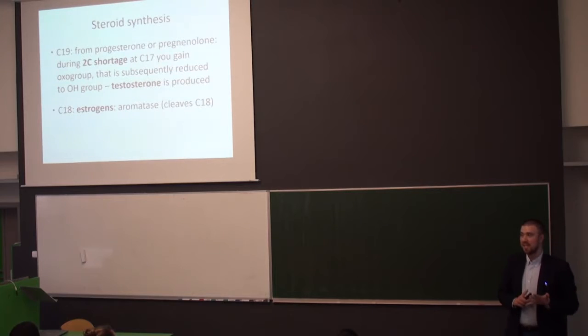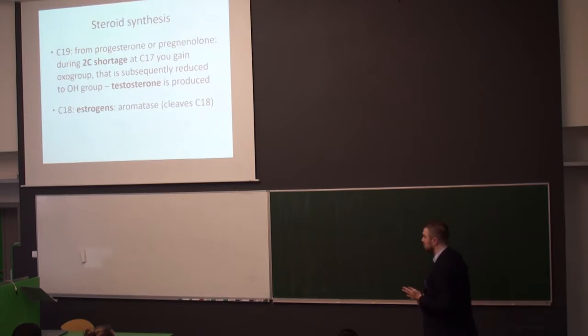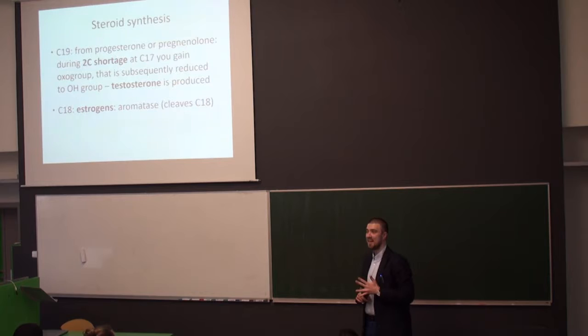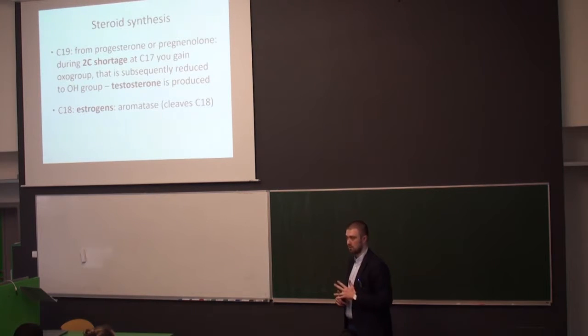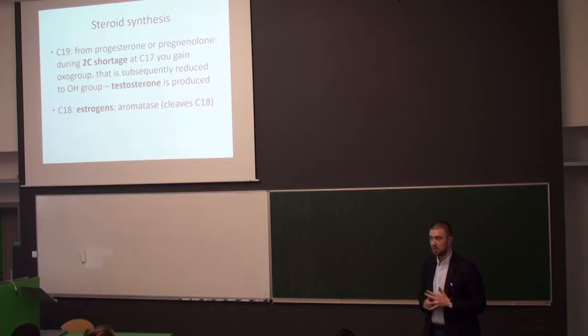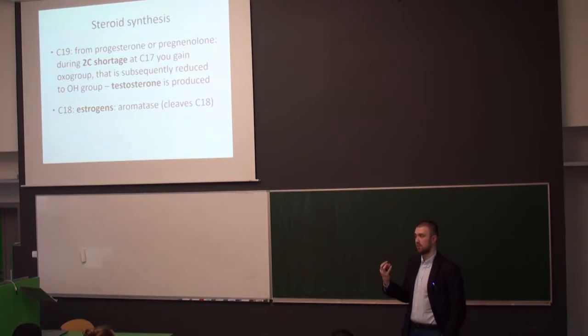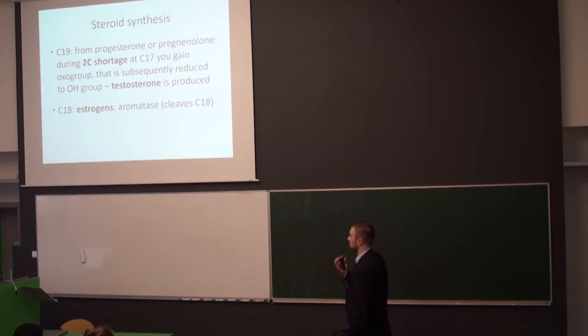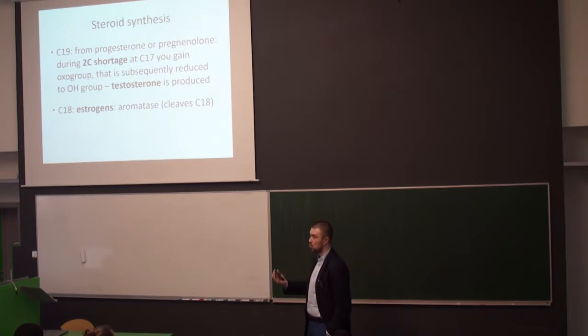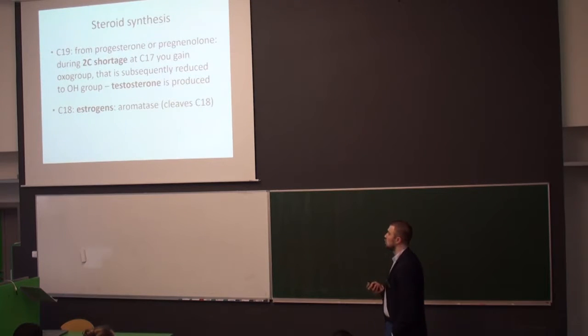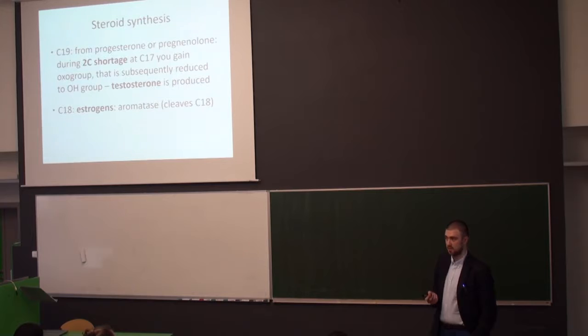Then androgens and estrogens. Androgens have C19, that means 19 carbon atoms. If you want to produce androgens from a 21 carbon atom steroid, you must remove 2 carbon atoms. And as you know from the second course, if you do some lytic reactions, some cleavage, you typically use lyases.